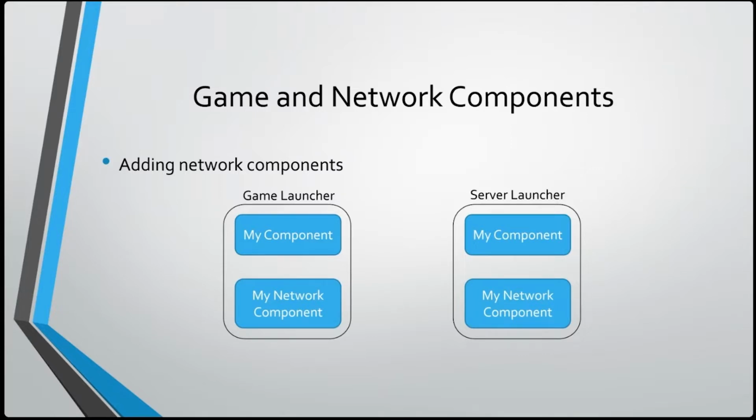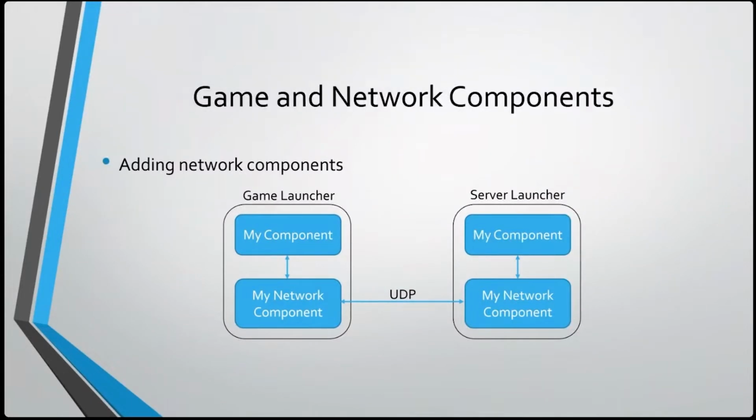The idea is that your network component talks to the non-network component in some way, and that way they pass information back and forth. The actual communication between server and client really occurs between those network components. And in O3DE, the replication is done over UDP, the User Datagram Protocol, which is mainly a lower-level protocol by design.